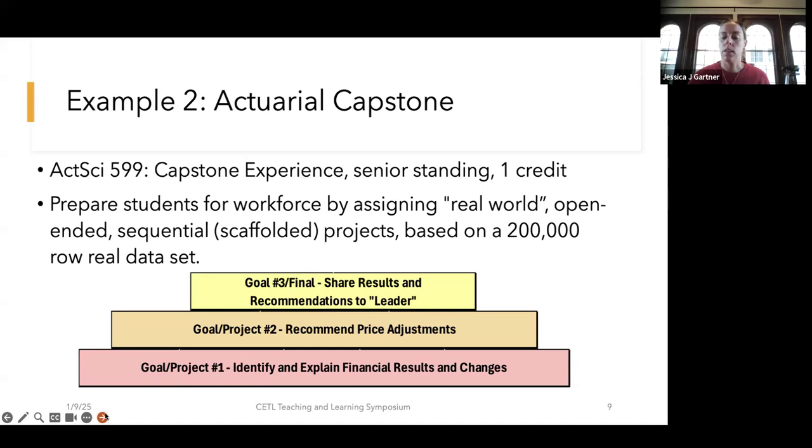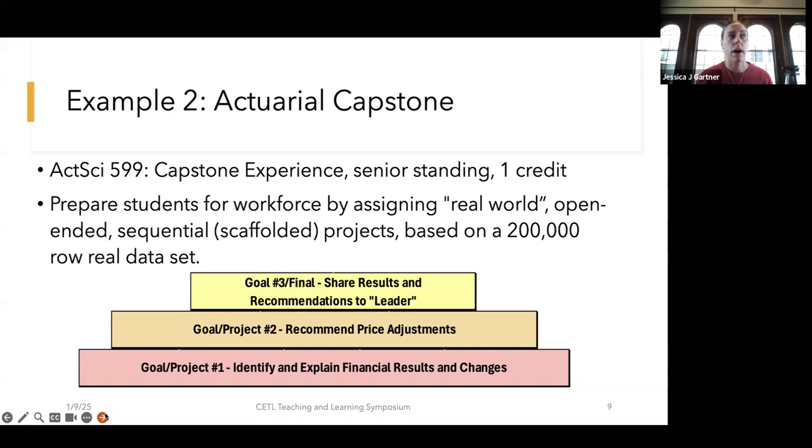Then once they're at that point, they're able to identify everything that happened. They really understand what's happening in the data. Then they can actually recommend changes to the finances or changes to the pricing structure that's in that data set. And that's really what a successful actuary is going to do in their career.